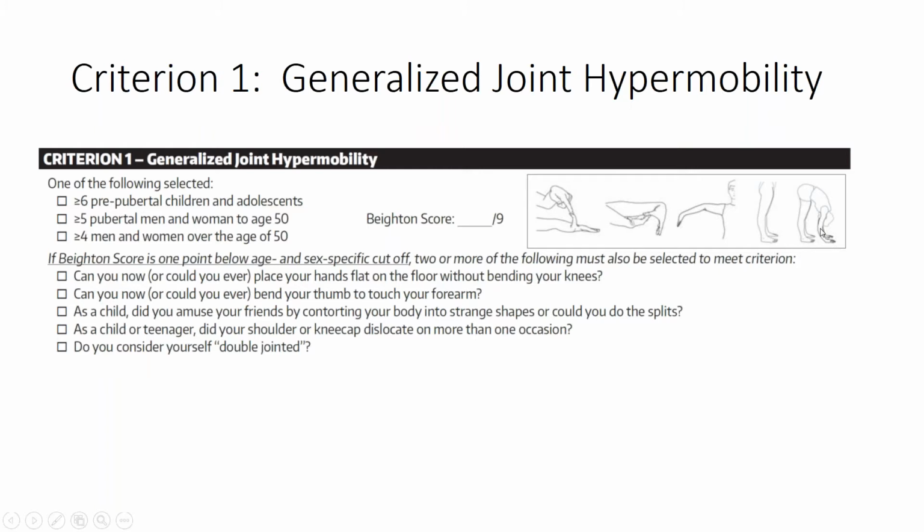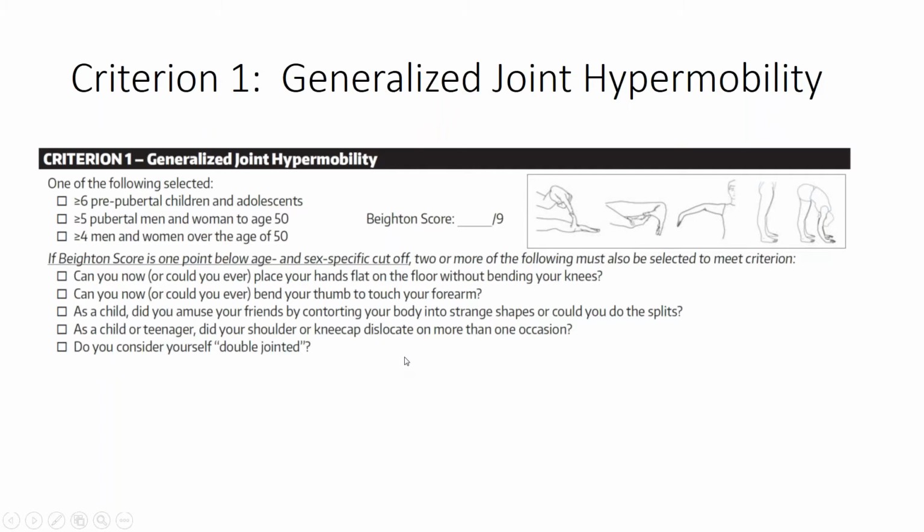And finally, there's 1 point if you're able to put your palms on the floor without bending the knees. So we go through these measurements and establish a Beighton score, look at the age of the person who's under consideration, and if they meet the cutoff, we say they have generalized joint hypermobility.